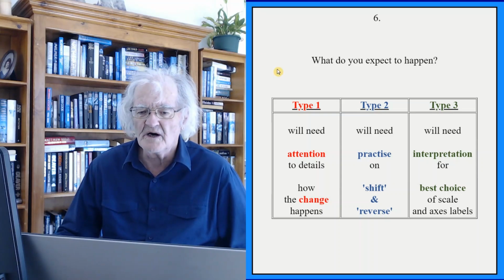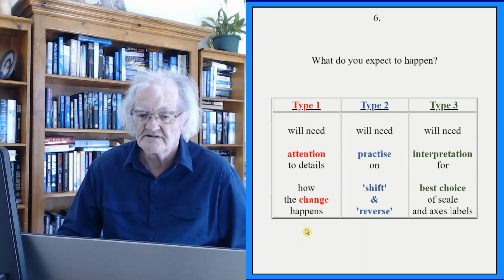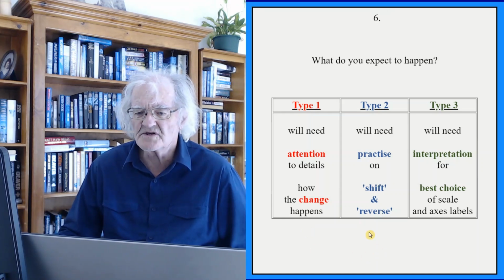Well, in type 1, you will need attention to details. How does the change happen? In type 2, we'll need to practice our technique, shift and reverse. Type 3, we'll need interpretation, so we can make the best choice of scale and axis labels.